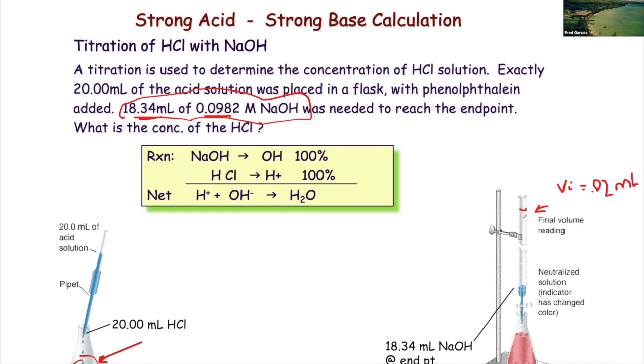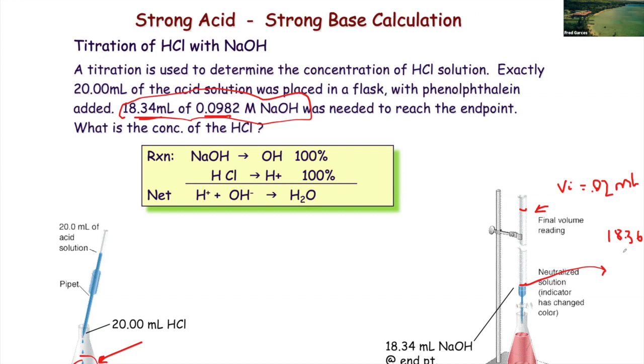Remember, we are going to measure how much is delivered. And so we're reading the initial volume of 0.02, and then when we stop, we're going to read the final volume as 18.36. The difference between 18.36 and 0.02 is 18.34. That's the volume that is delivered.